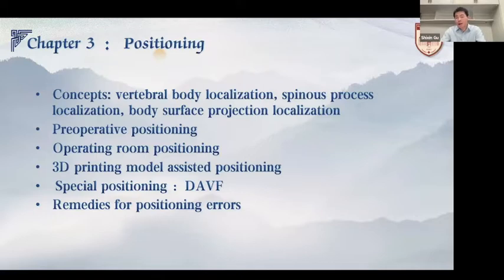Usually, we say which segment the tumor is located in based on the positioning of the vertebral body, which is always the positioning reported by the radiology department. Many positioning markers during surgery are often positioned through the spinous process. The difference between the two should be familiar to us when we learn anatomy.